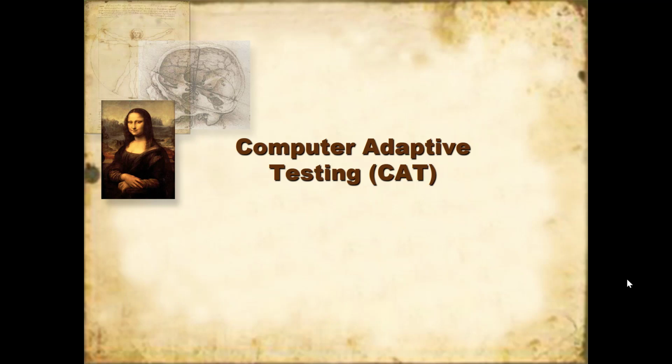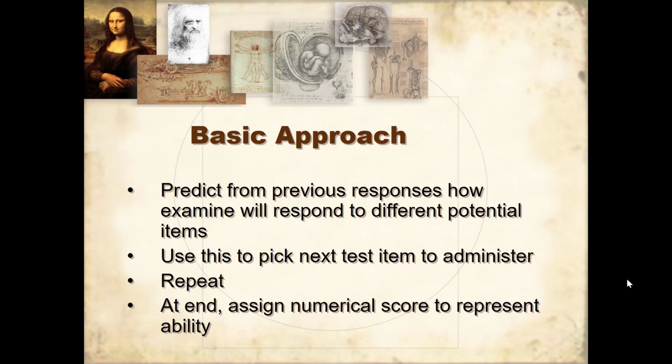But let's first talk about some of the basic approach to CAT here. The basic idea behind CAT, as you know, is to use previous responses to predict how a person will respond to a future item, and you pick this next item, administer it, and repeat.